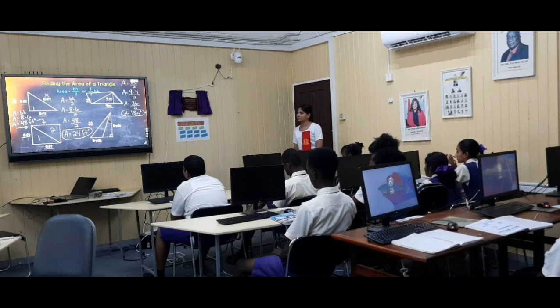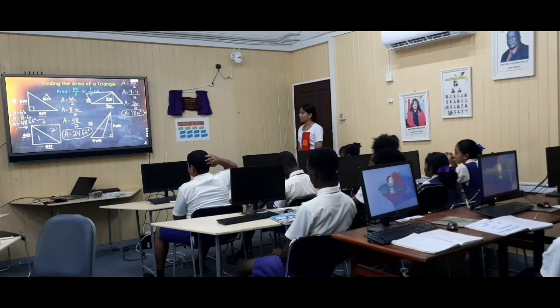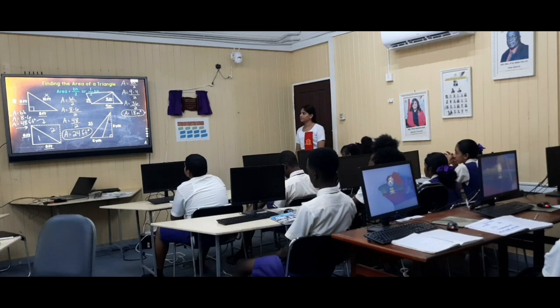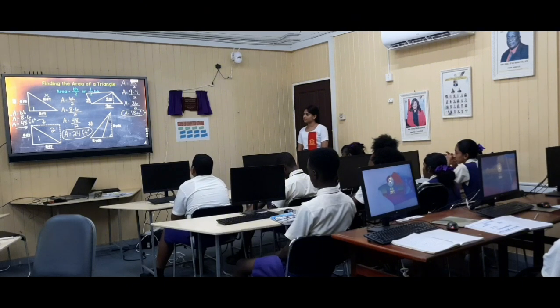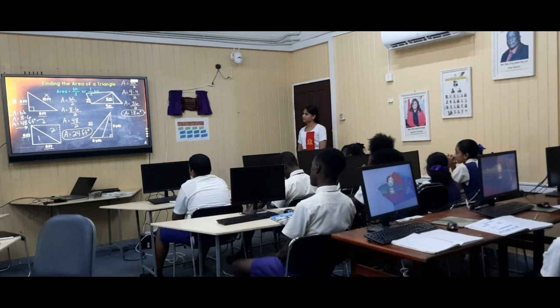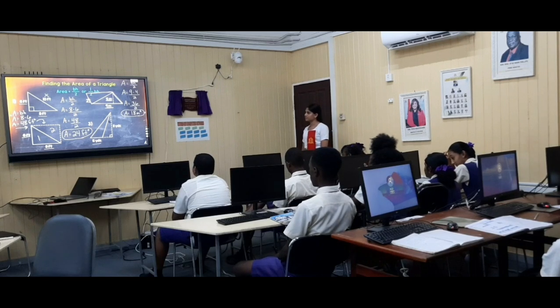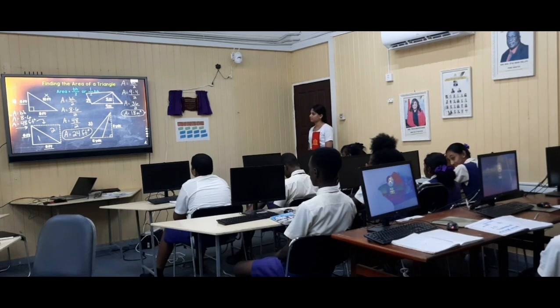So we have the base of 9 times the height of 4. That gives us an area of 36 square meters for that parallelogram. And then we take half to find the area of the triangle. Let's move on to number 3, where we have a triangle with a base of 5 yards and a corresponding height of 11 yards.